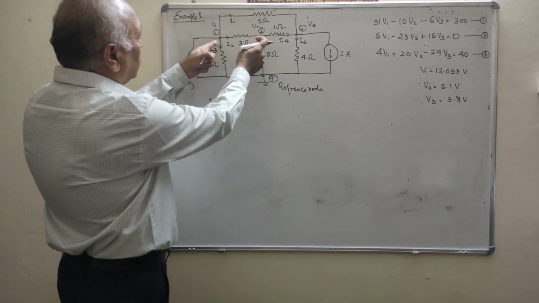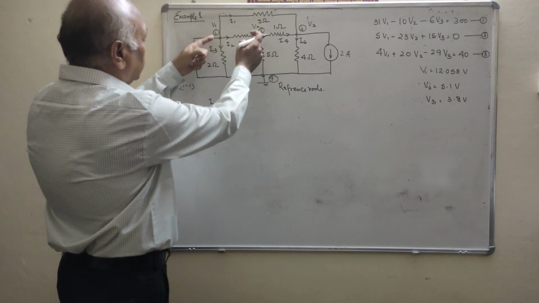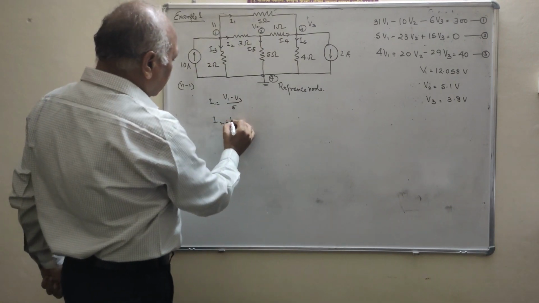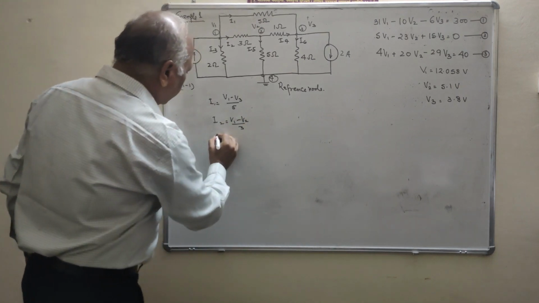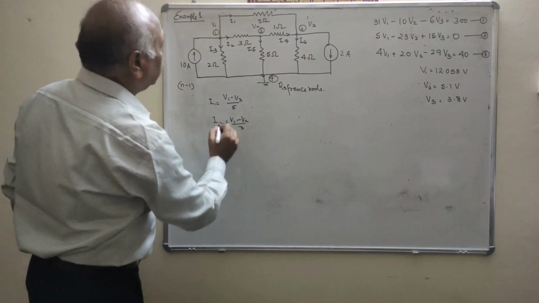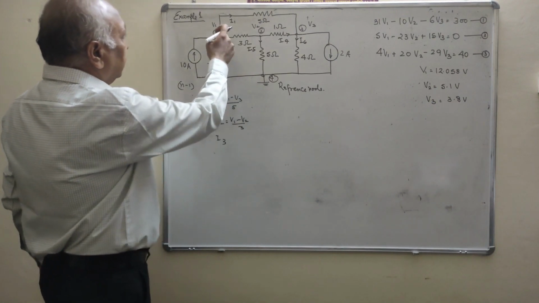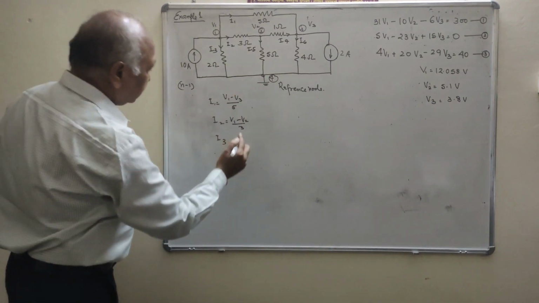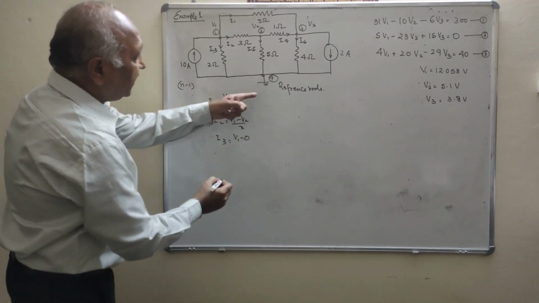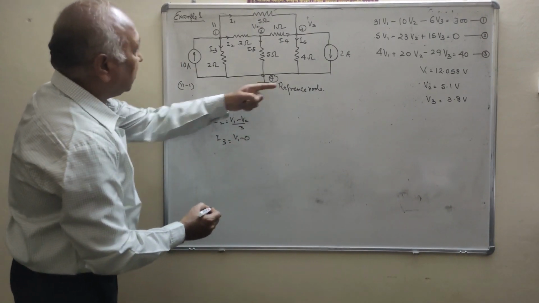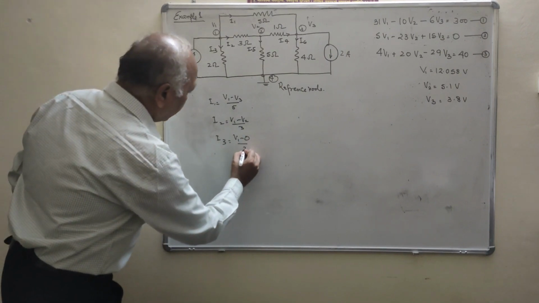I2 is flowing in between node 1 and 2, that is V1 minus V2 upon 3. What is I3? I3, clear? V1 and the reference node, that is V1 minus 0. Why 0? Because it is the reference node or the zero potential node, upon 2.